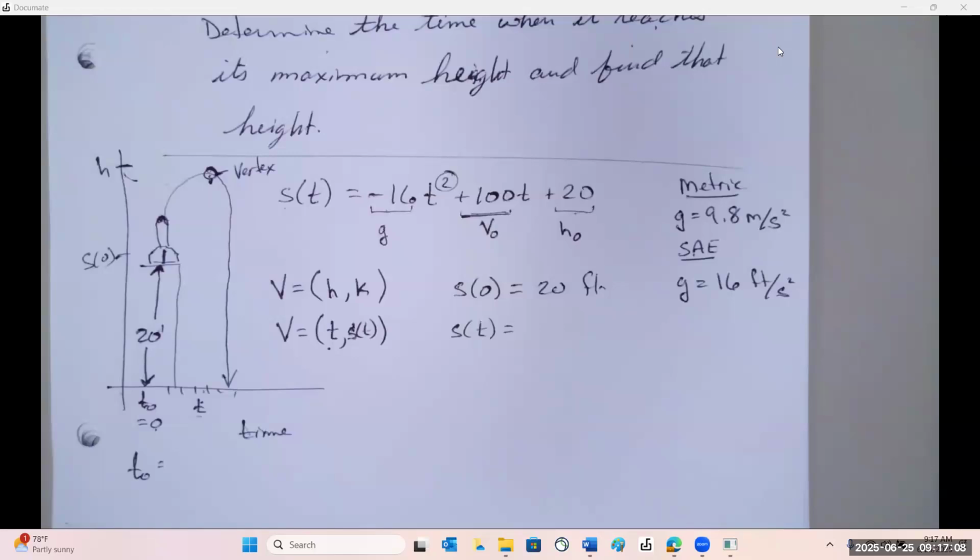Nope, that's distance. We're looking at distance here. We're looking for the vertex. I only want the information for the vertex.